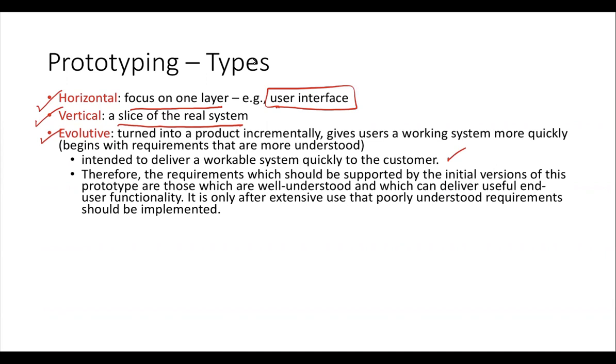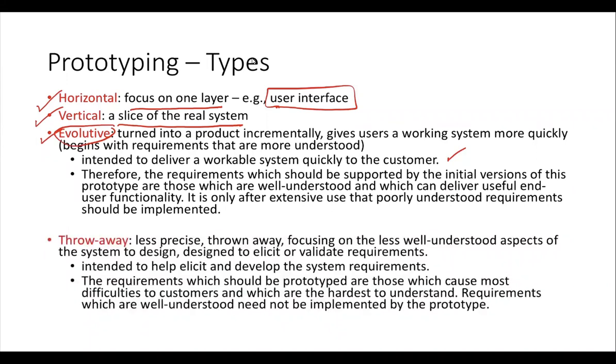It's only after extensive use that poorly understood requirements should be implemented. So the evolutive prototyping model is turned into a product incrementally, and it always begins with those requirements that are well understood. You never build a prototype with requirements that are poorly understood.